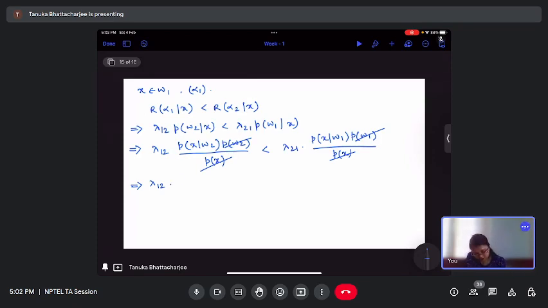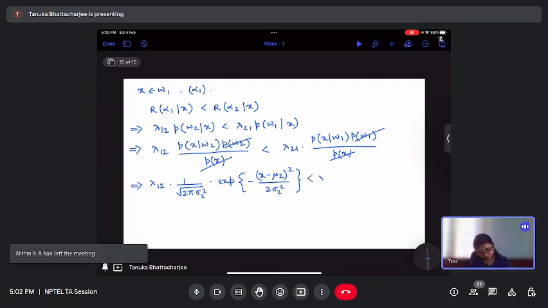So, the density function will be this, for the class conditional density of class omega 2.